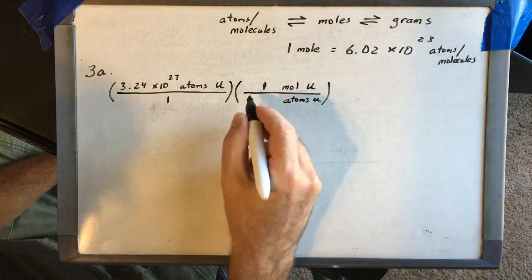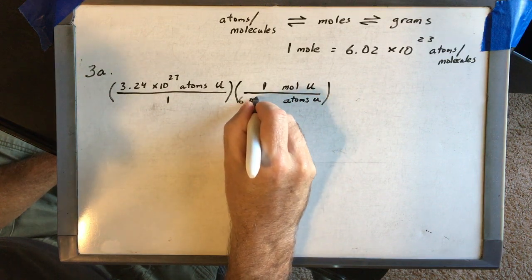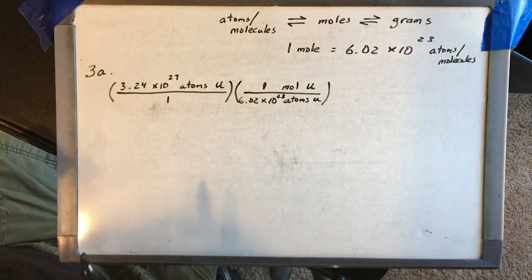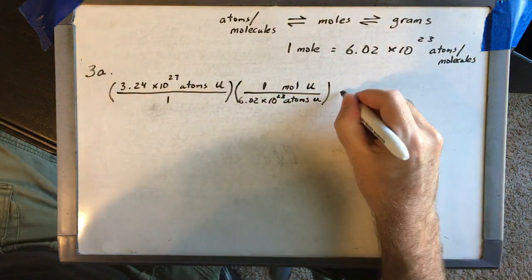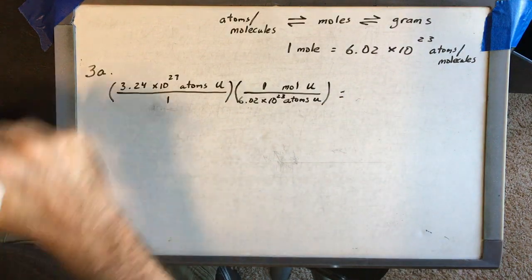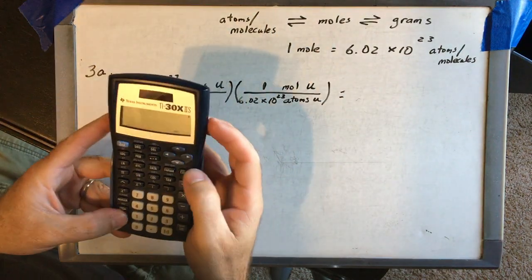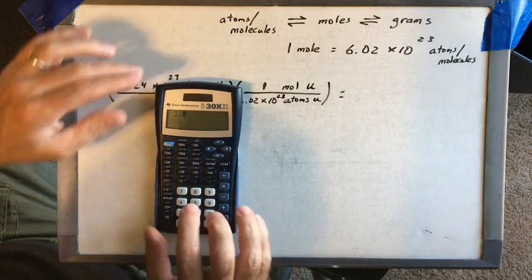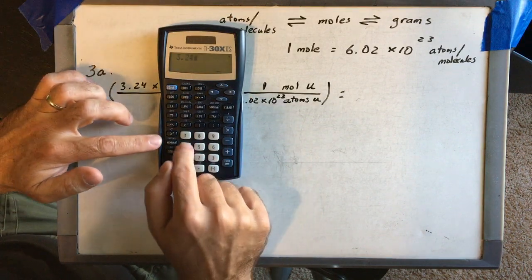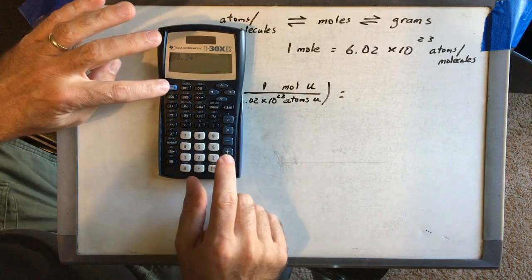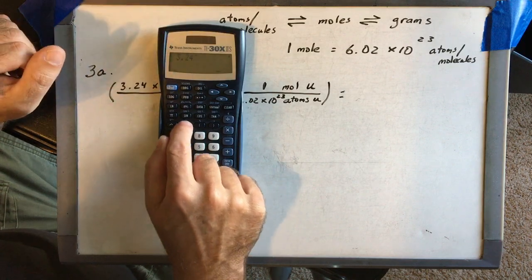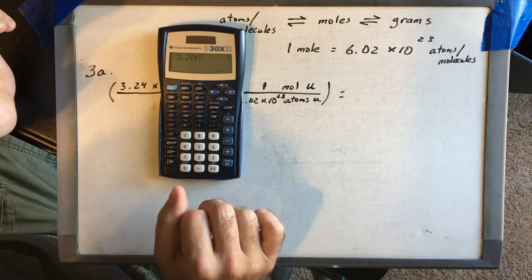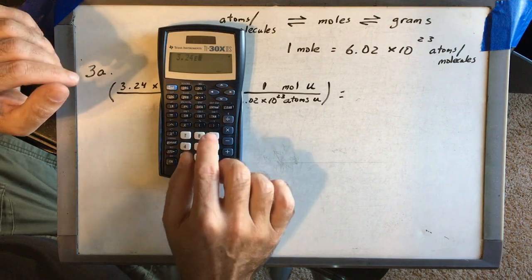How many atoms are in a mole? Well, this is a number you got to memorize: 6.02 times 10 to the 23rd atoms in a mole. So in your calculator, I don't know if you can see this, but hopefully you can at least listen to me do it. So it's 3.24, and then don't do times 10, hit the second function button and then the double E. It may be in a different spot if you have a TI 84, but you're looking for the double E button.